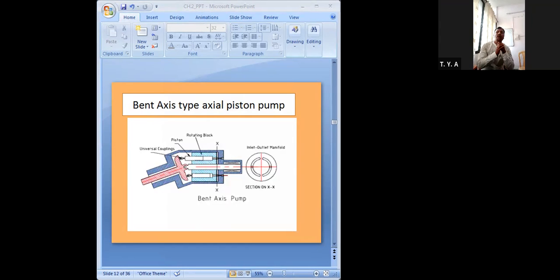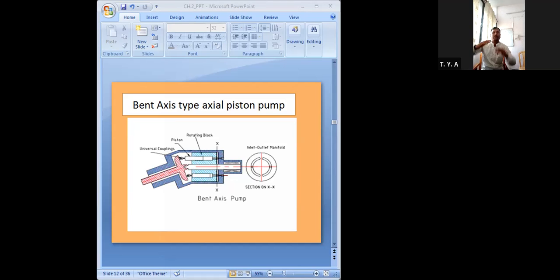In order to provide the alignment and the positive drive, a universal link is used here. For what purpose? To connect the cylinder block with this drive shaft. Getting it?